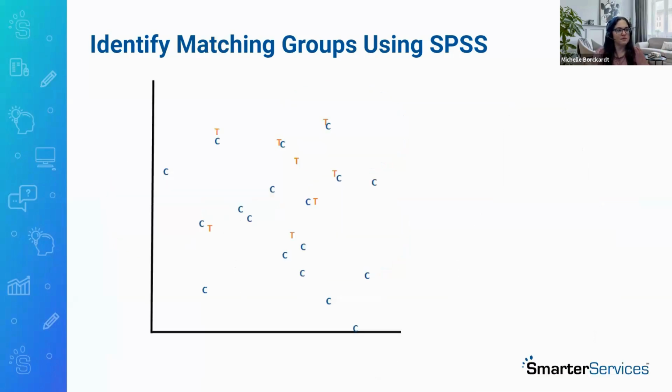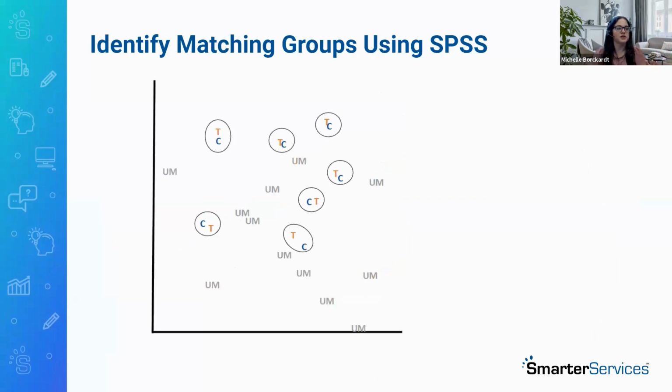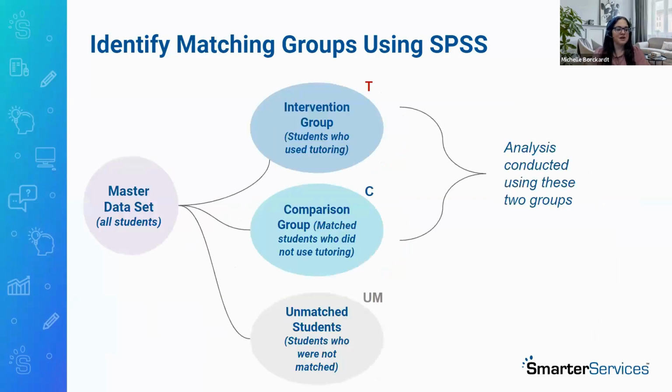So again, if we remember, this is all the students who received tutoring, all the students who didn't receive tutoring, and then you would have your 3 groups here. So your tutoring group, your comparison group, and the unmatched students. The unmatched students are going to be left to the side, and then your analysis, you will be conducting it on the intervention group and the matched comparison group.